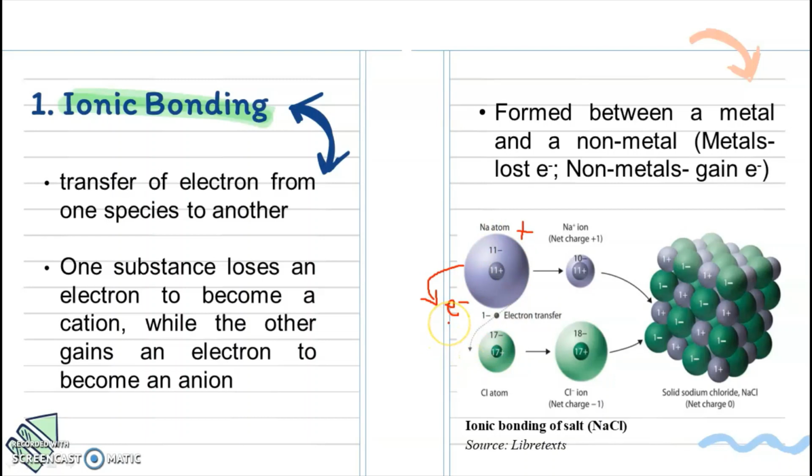And then, yung electron na yun, matatransfer ngayon siya kay chlorine. So, your chlorine will be negatively charged. And then, yung mga positively charged and negatively charged ions mo, magre-rearrange siya into a crystal form or lattice. Mag-a-arrange sila ng ganito yung itsura. Kaya mapapansin natin yung ating table salt, siya ay merong mga crystals.